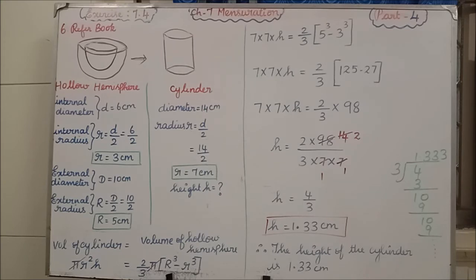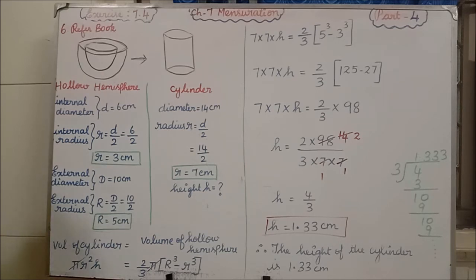See the sixth question in your book. The internal and external diameter of a hollow hemispherical shell are 6 cm and 10 cm respectively. Students, I told you before itself, if internal and external are given, the external part we have to denote in the capital letter and the internal part we have to denote in the small letter, isn't it?